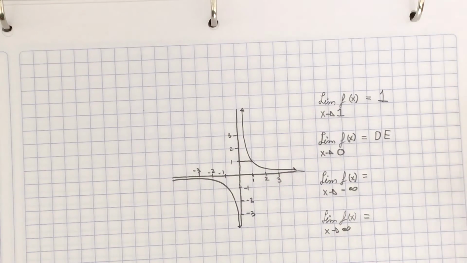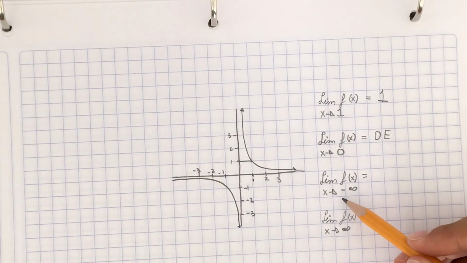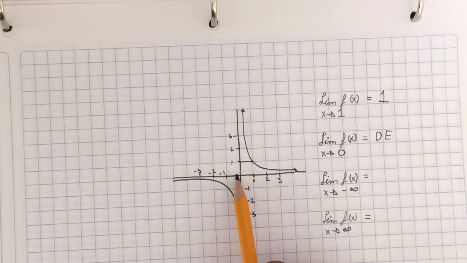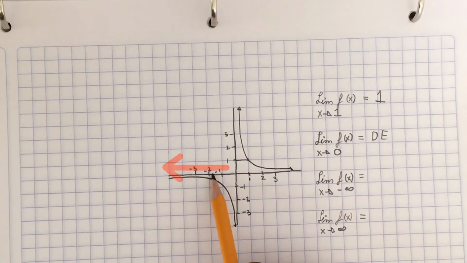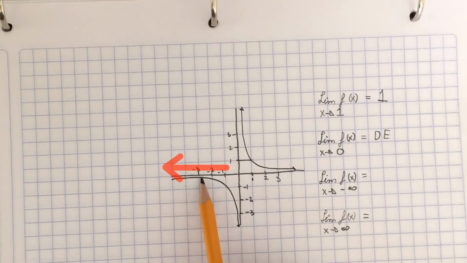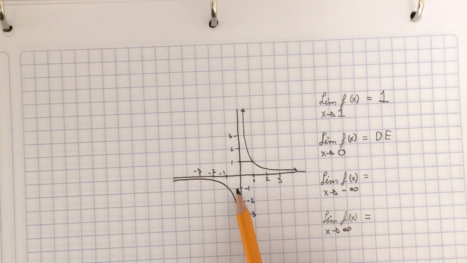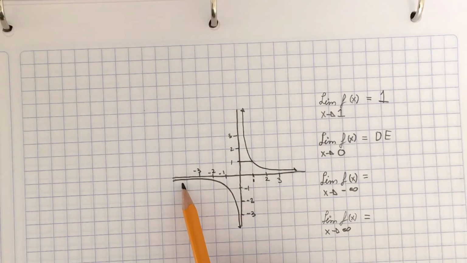A new case, what happens if x is approaching negative infinity? So we go to this side of the graph because this side is the negative part of the axis. And now we see that as x is approaching negative infinity, the y values are getting smaller and smaller, reaching almost 0.